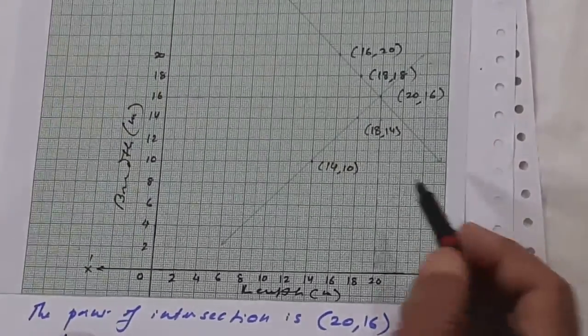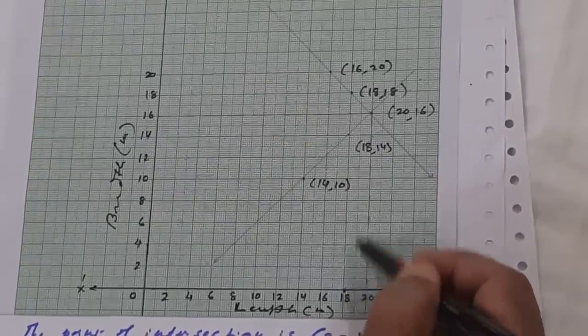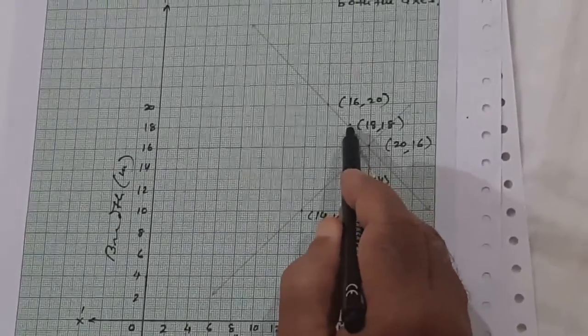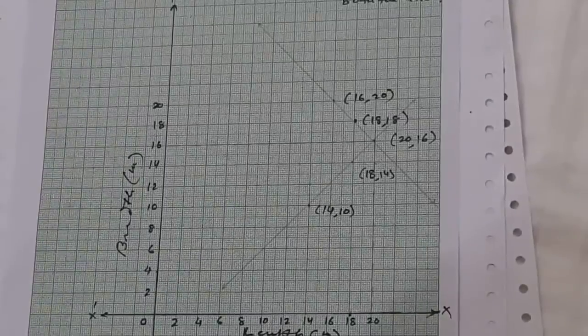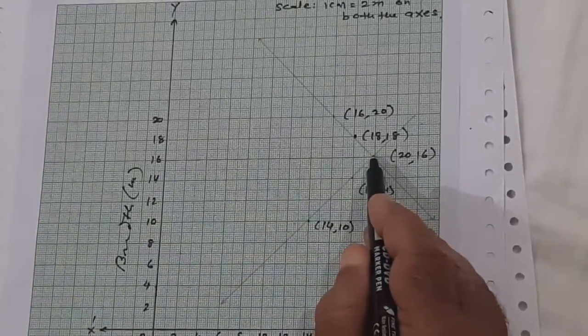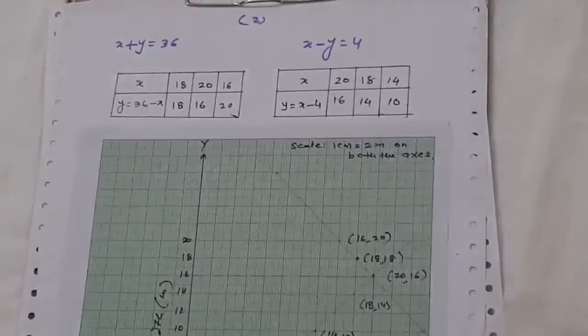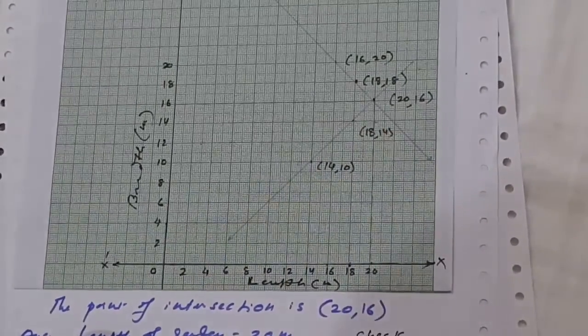First equation, 18, 18 is this point. This is 18. We have to go up 18. So this is the point 18, 18. Second point is 20, 16. So this is 20. We have to go up to 16. And then 16, 20. So this is x value 16, and this is 20. 16, 20.